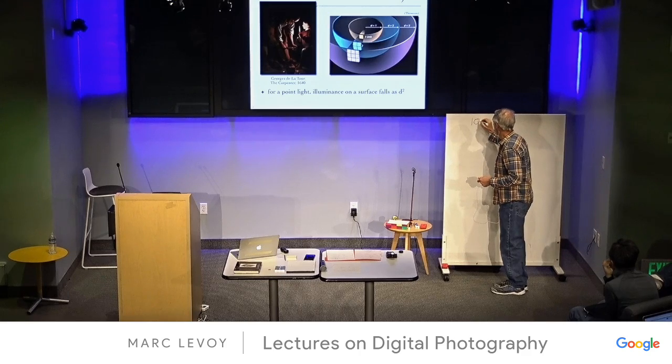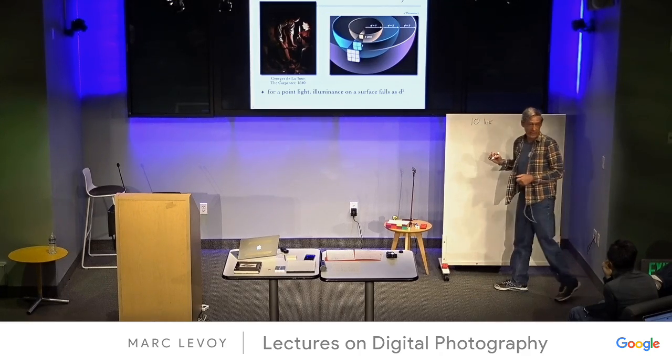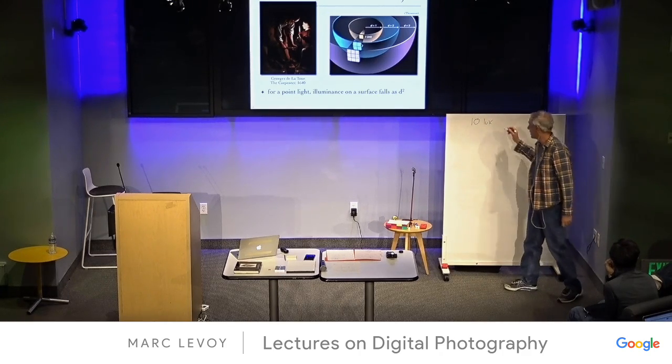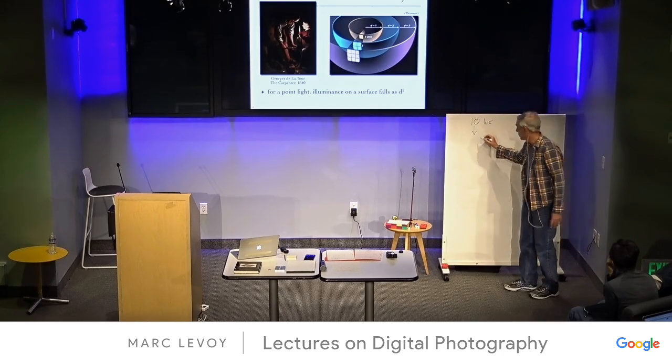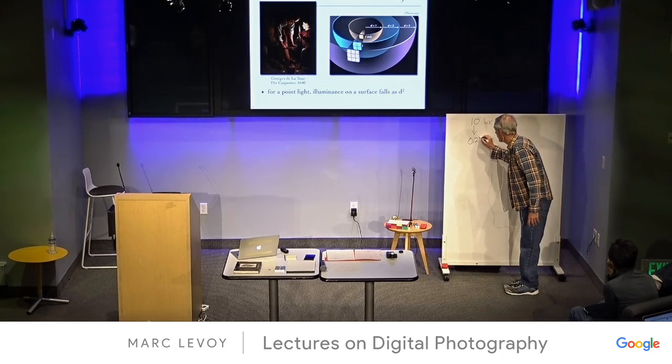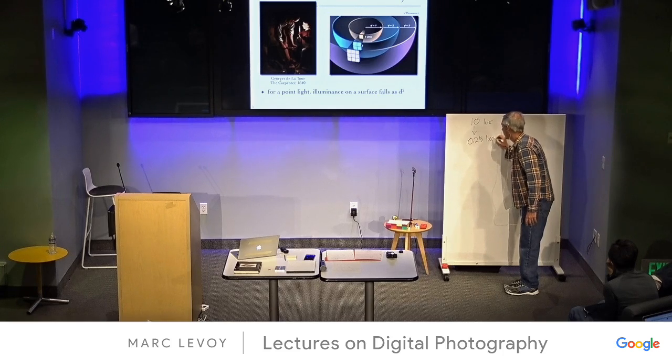And so that's the candle at 1 foot. That's a British foot candle. And we need it to go down to the moon. So the moon is 0.25 lux.